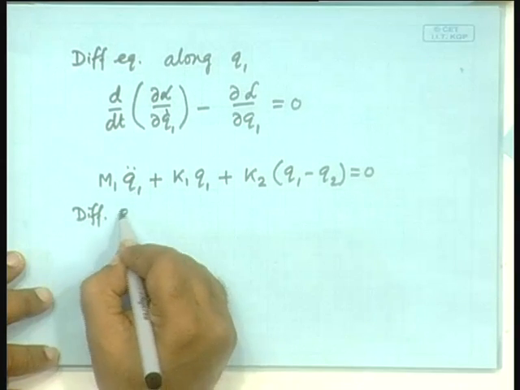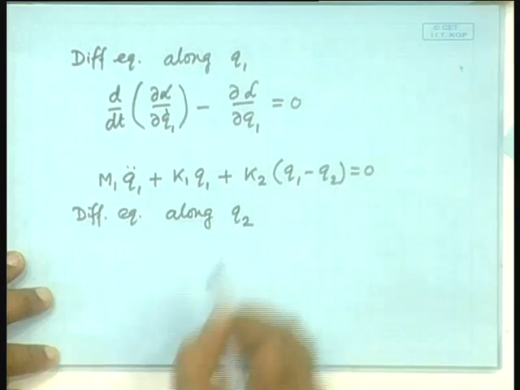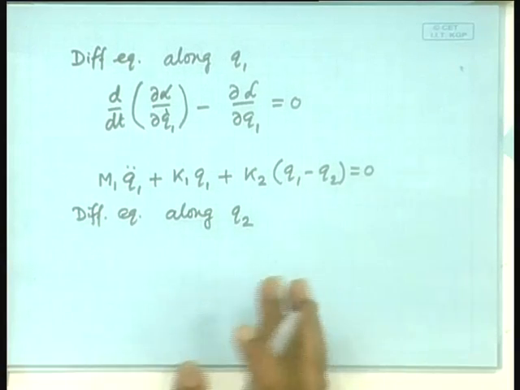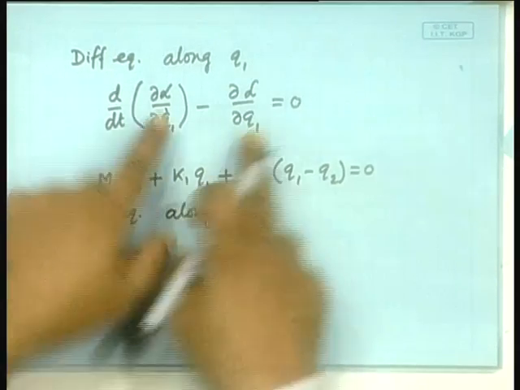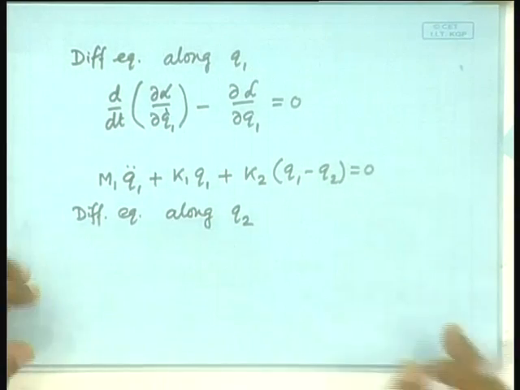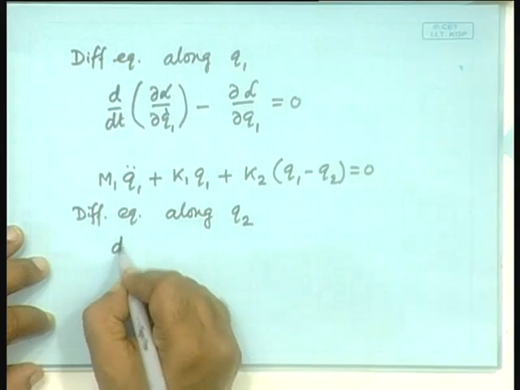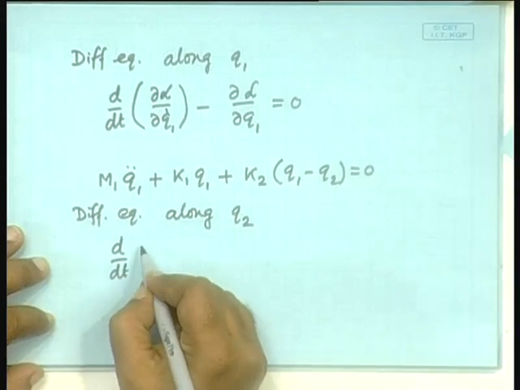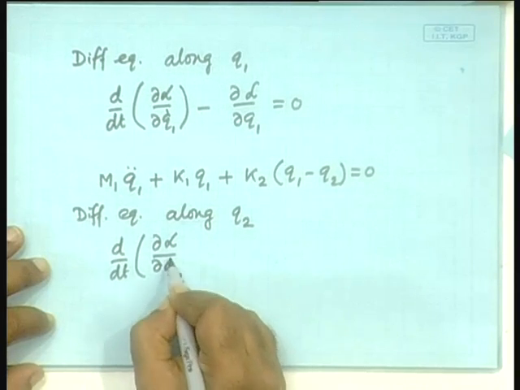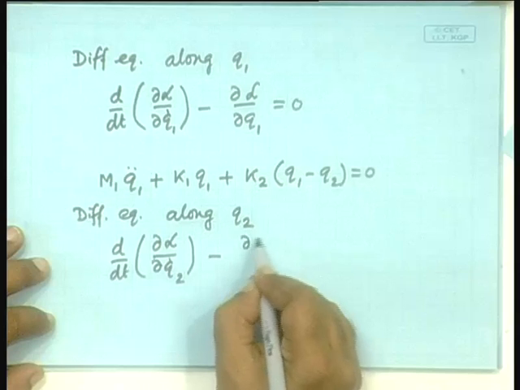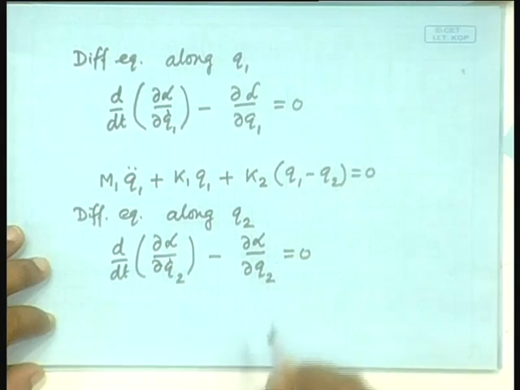Differential equation along q2 will be, notice the advantage of this formalism, that simply by substituting q1 by q2 you get the corresponding differential equation. It will be d dt of the Lagrangian with respect to q2 dot minus Lagrangian with respect to q2 is equal to 0.